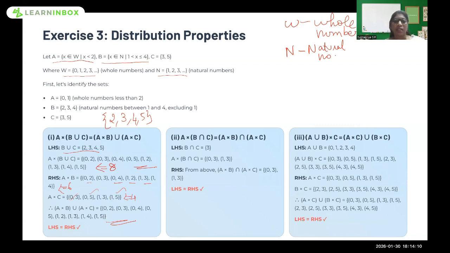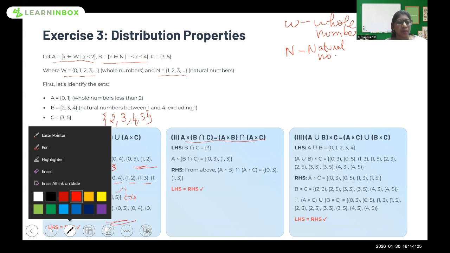In second, the same, but with intersection. A cross B intersection C equal to A cross B intersection A cross C. Let me erase all the inks over here.